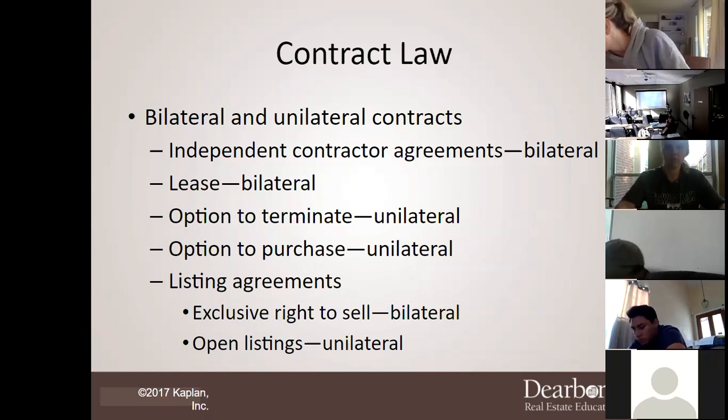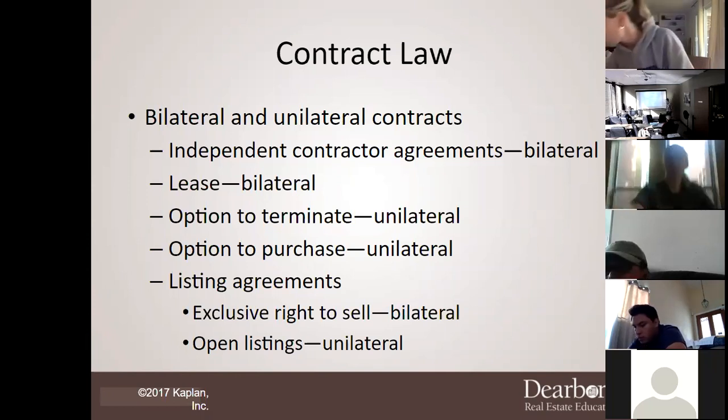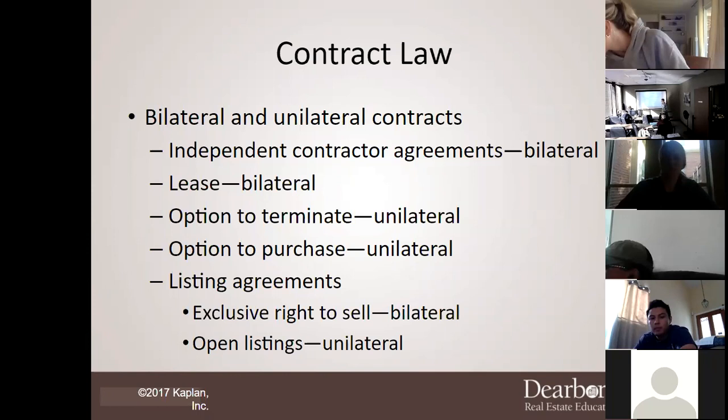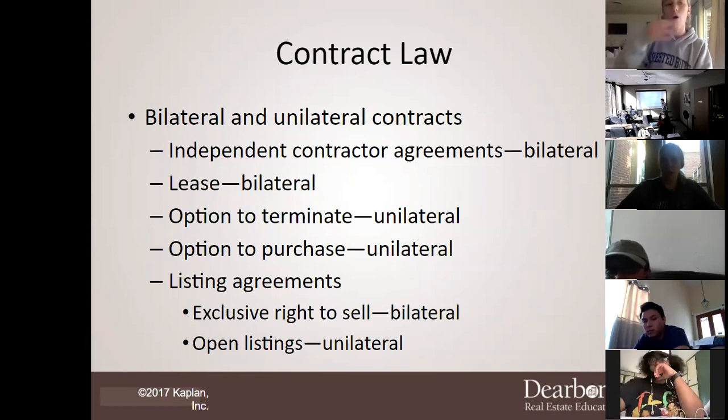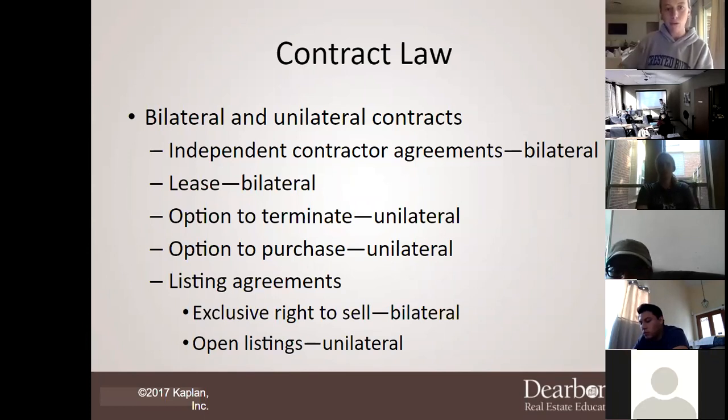Make sense? And one thing, like I was saying with the unilateral and bilateral: the reason an independent contractor agreement is bilateral is because I am promising to pay Justin a commission, but Justin's also promising to sponsor me, or I guess the brokerage is promising to sponsor me. So there is an agreement between both of us that we both have duties to perform.